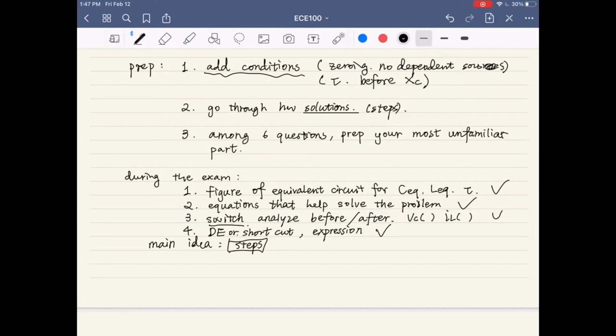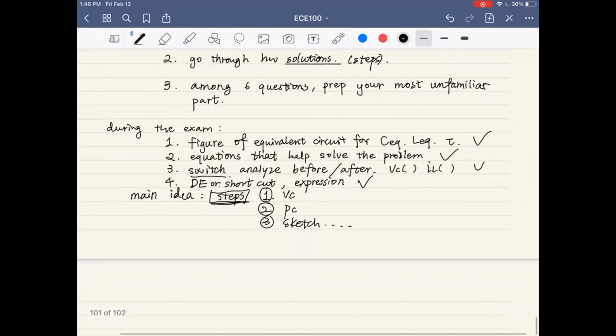Get clear what steps we are going to do, and sketch them. You just split it, and then fill out as many blanks as you can, because we always appreciate the solving process, the problem solving skills, right?